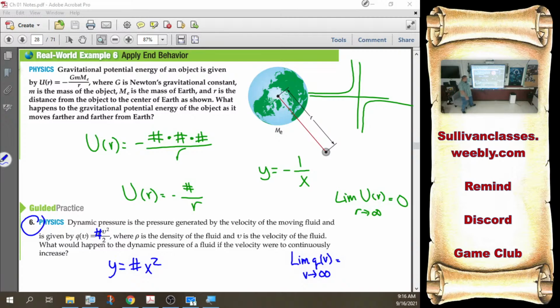Well, that's just a parabola. What happens to a parabola as you go to infinity? Also to infinity. Okay. There's something to be said there for a corollary to high school activities. As you increase the velocity, so will the pressure.